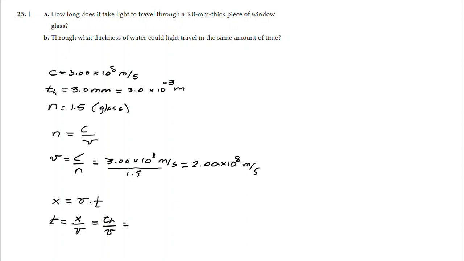So it's going to be 3 times 10 to the negative 3 meters divided by 2 times 10 to the 8 meters per second.